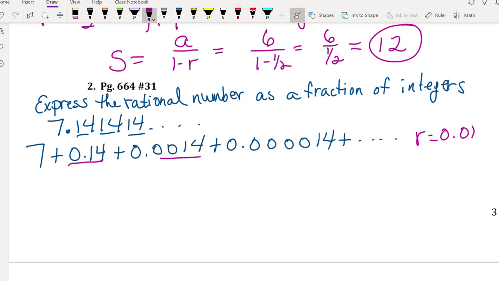Okay, so my A, we're going to ignore the 7 for now. Our A is just going to be the 0.14. We're just looking at the decimals. And the R then is 0.01.